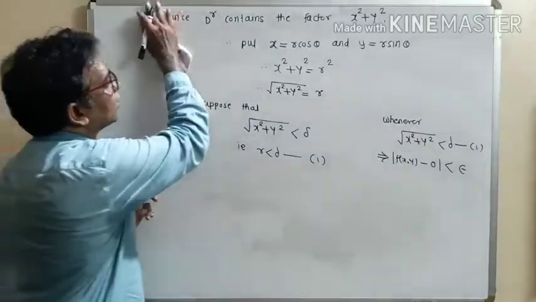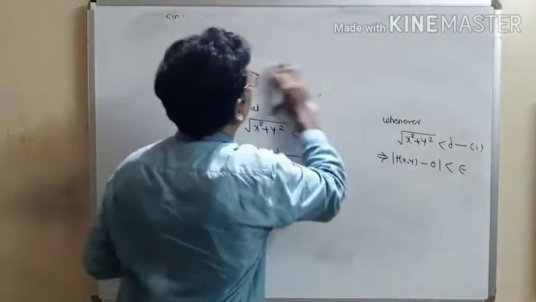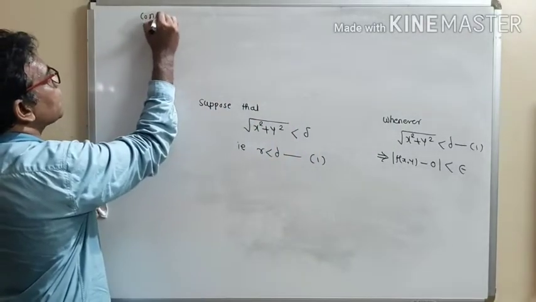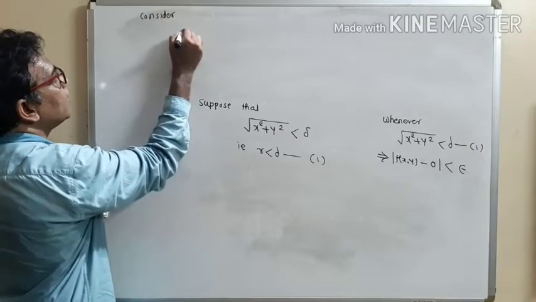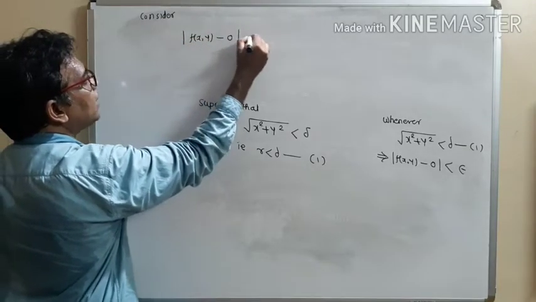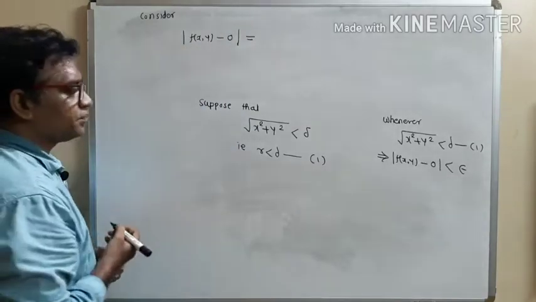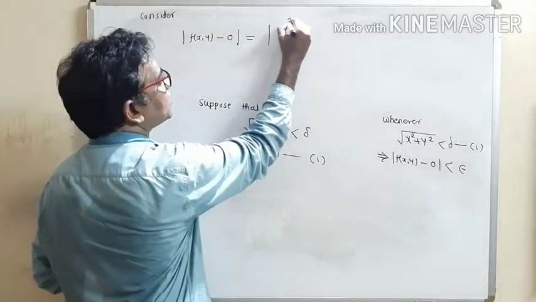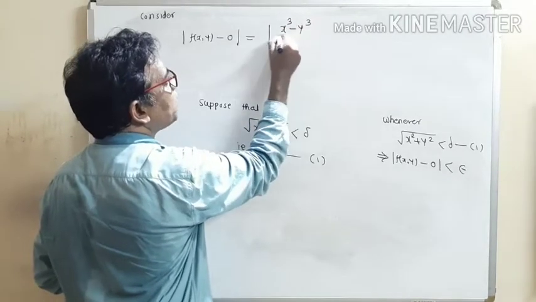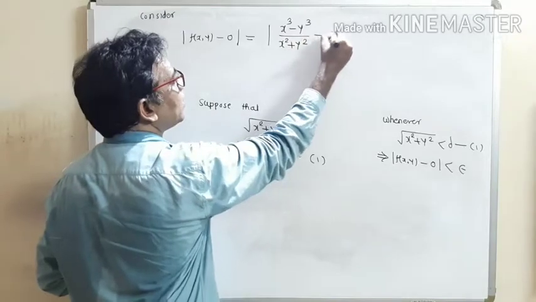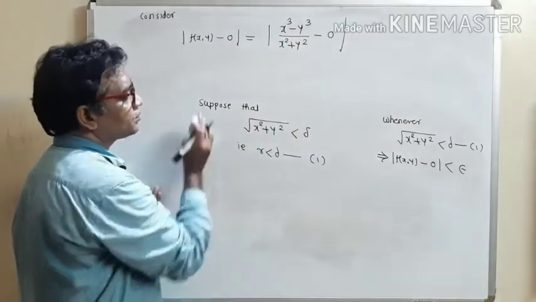Consider the modulus of f(x, y) minus 0. f(x, y) means the given function, (x cube minus y cube) divided by (x square plus y square), minus 0.